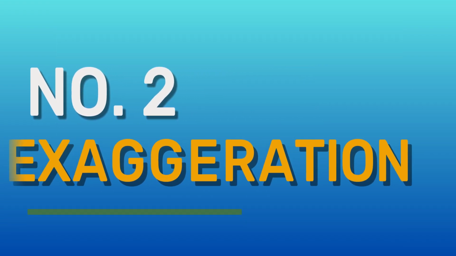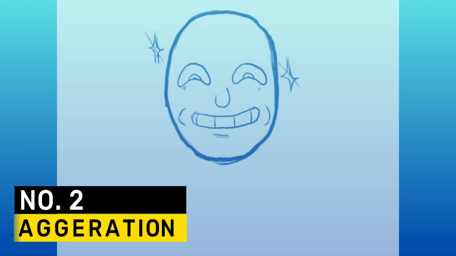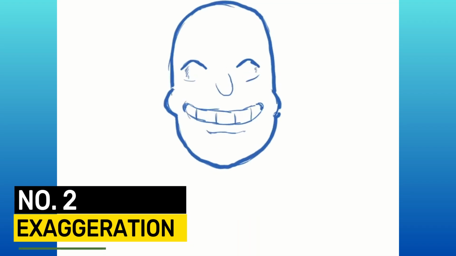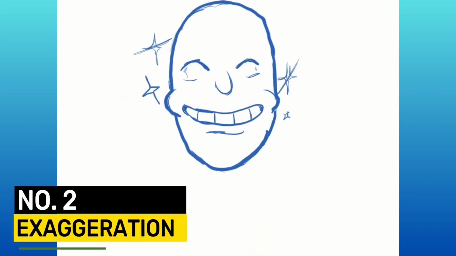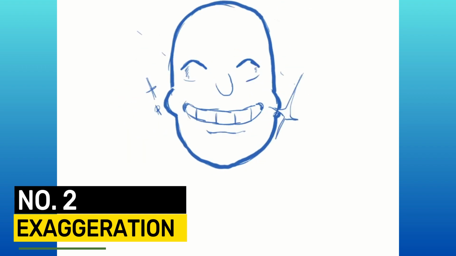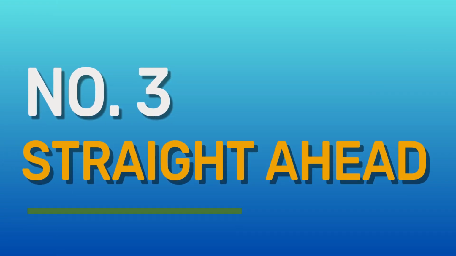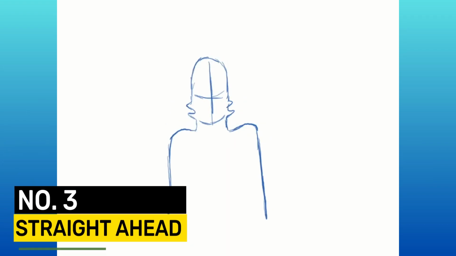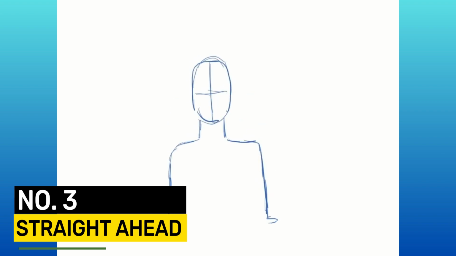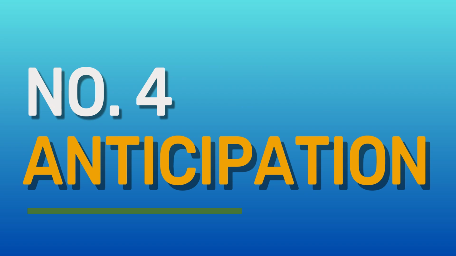Number 2, exaggeration. This principle includes every action, pose, and facial expression can be taken to the next level to increase the amount of impact on the viewer. Number 3, straight ahead. This principle is used to fluidly animate an object or person. Number 4, anticipation.